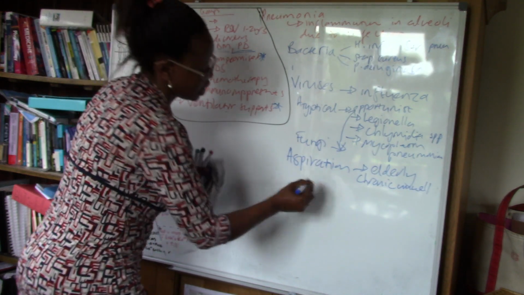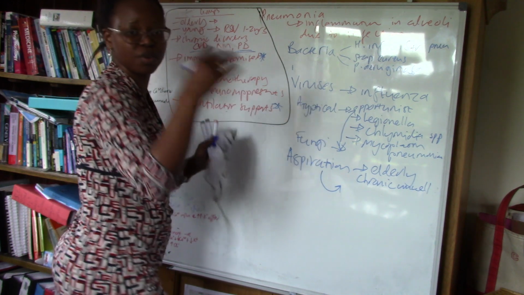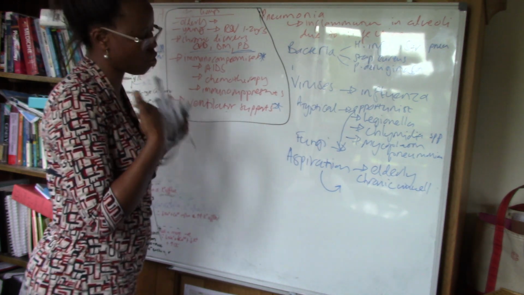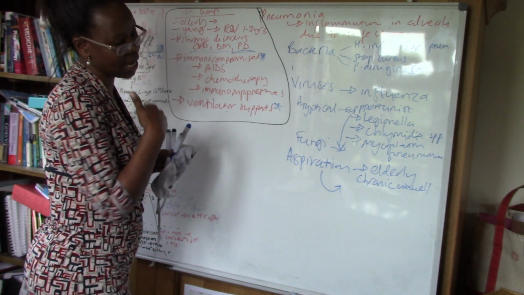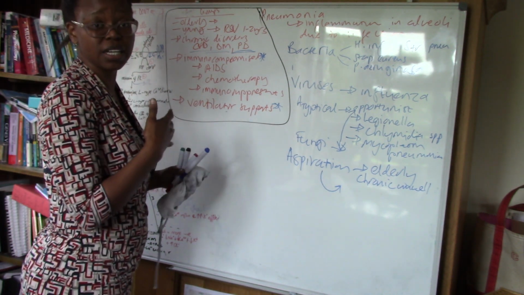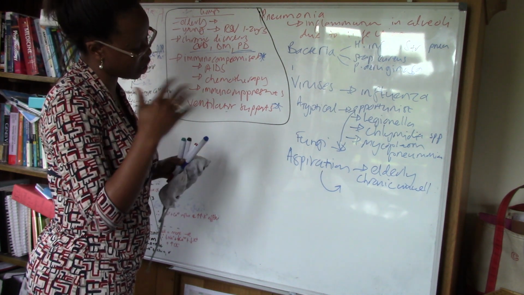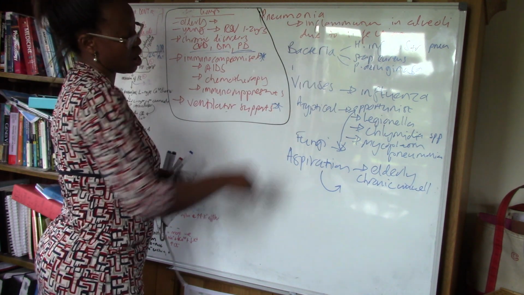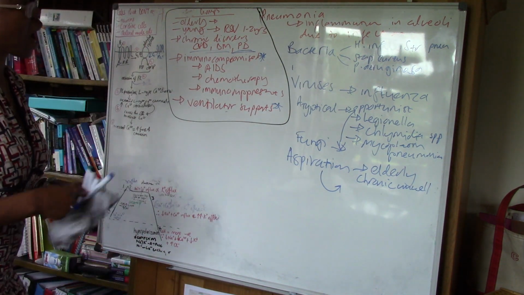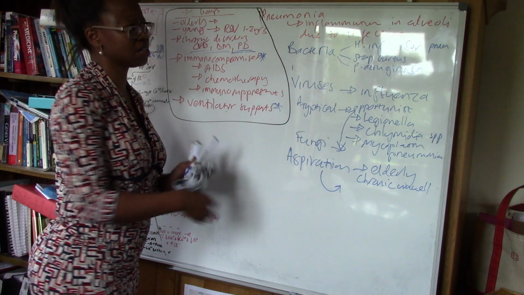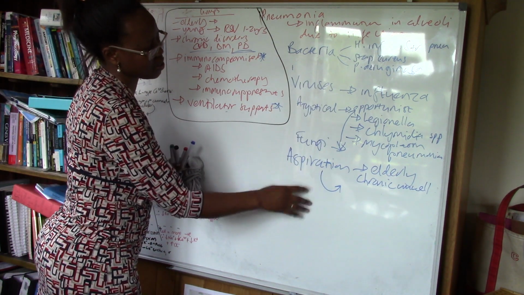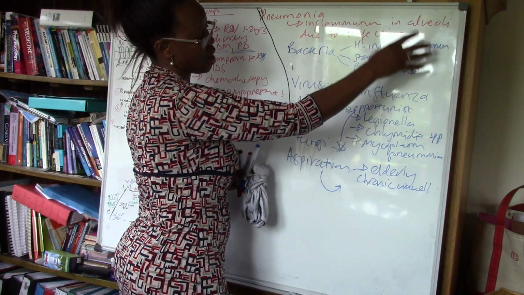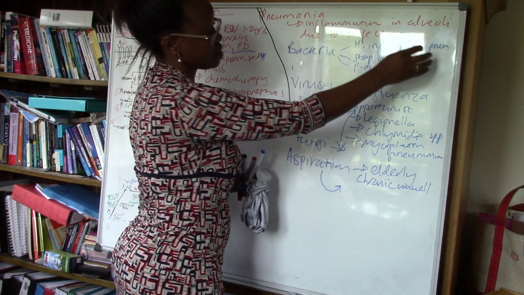So aspiration, it's from the swallowing reflex, and then things go down the wrong way. Instead of going into the esophagus, it ends up in the trachea, and down into the lungs, the bronchi, and the alveoli, causing an inflammatory response based on the resident macrophages. Again, I'm not going to talk about the inflammatory response because I've talked about it quite a lot. Usually it's always the same. With bacteria, you end up with a cell-mediated inflammatory response.